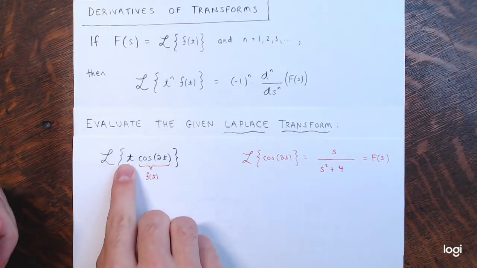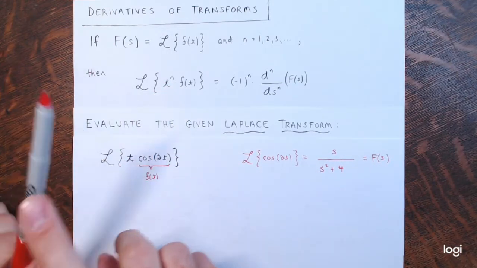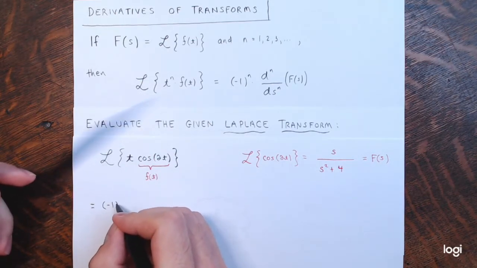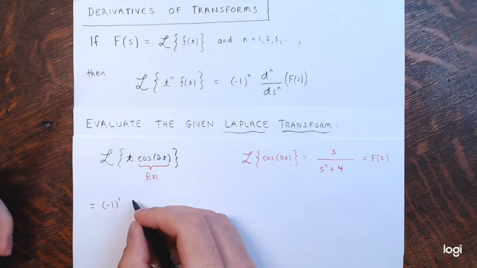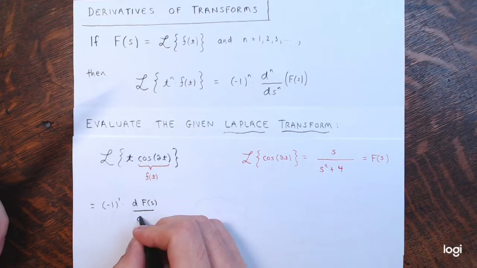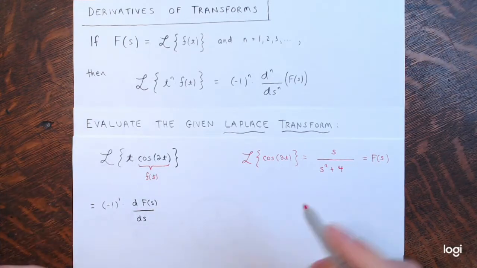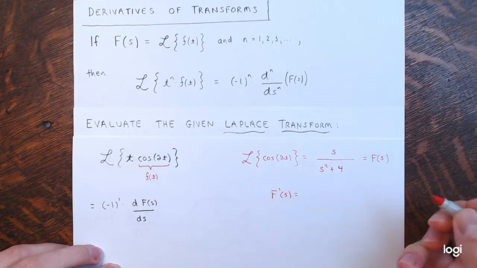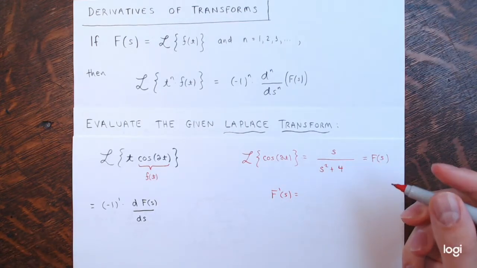And since I have t to the first power in here, my resulting Laplace transform is going to be negative 1 to the first multiplied by the first derivative of capital F with respect to s. Let me just find that over here. I'll call it F prime. I'll leave it this way and do the quotient rule.